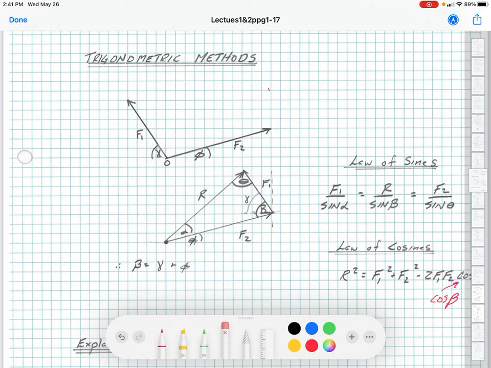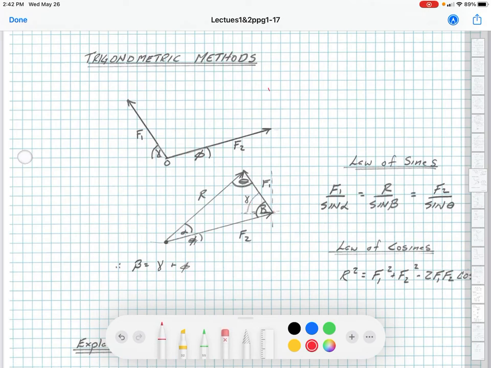So when you're solving for these things, typically what we do is we'll know what F1 and F2 are, or maybe we know an angle, but we'll have enough information that we can find the value of R. Ultimately we're looking for that value of R right there. We'll start by saying, okay, if we have F1 and F2, and we have enough information to find this angle right here, beta, that's the one we're looking for.